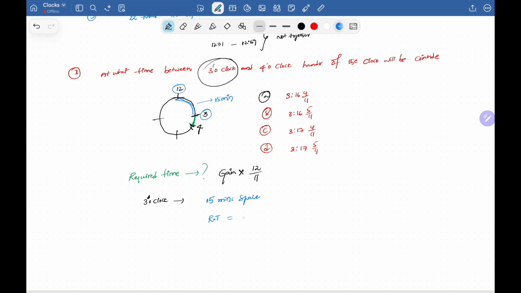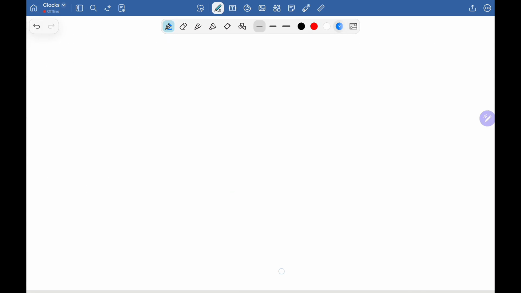Required time is equal to 15 into 12 by 11. How can you solve this? 11 15s plus 12, it is 180 by 11. If you divide 180 by 11, then it is 4.